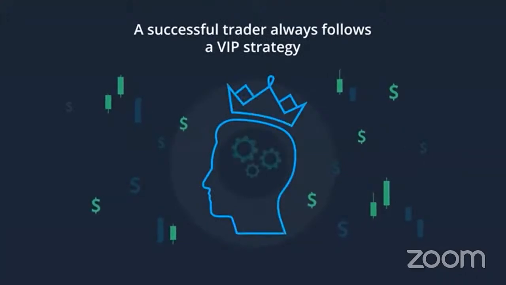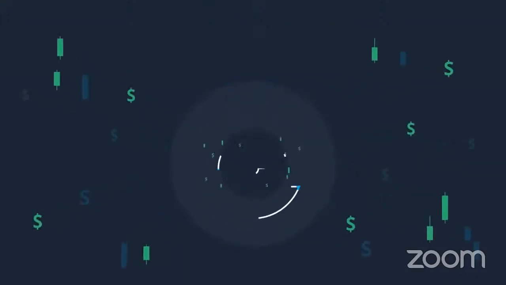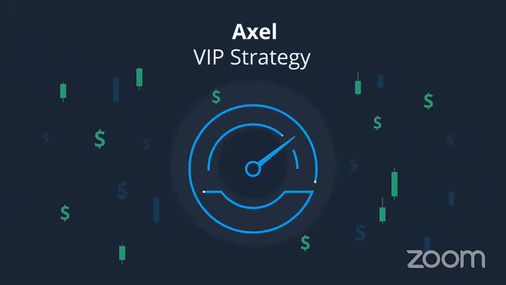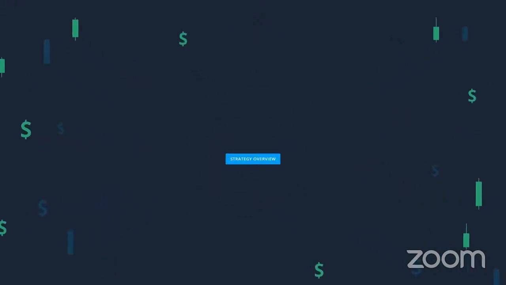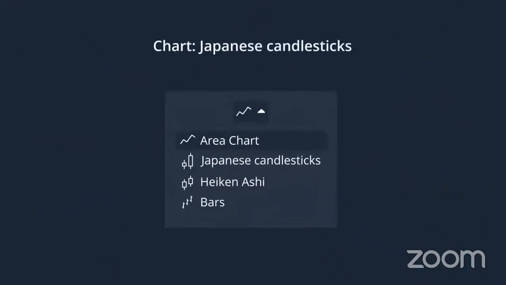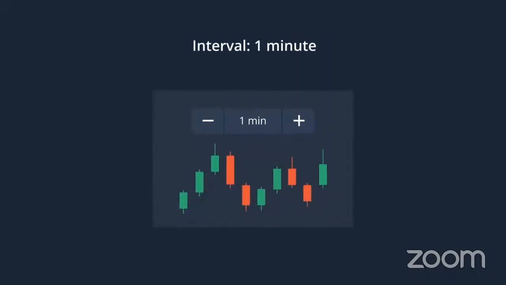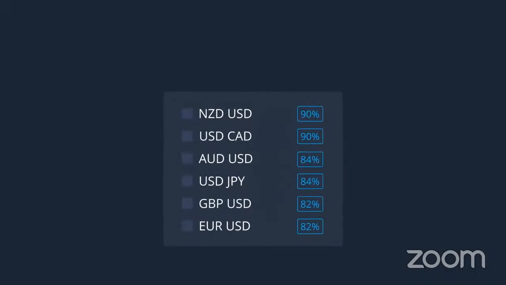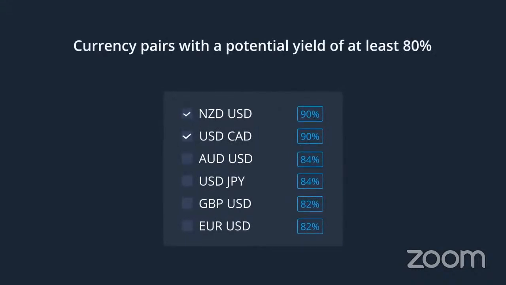What the video says is, from OLYMP TRADE. Please let's check this video and then we will start using this for trading assets with a high yield. With this strategy, it is possible to open more than 15 trades per hour. We use a Japanese candlesticks chart for trading. Our chart interval is 1 minute. For this strategy, we choose currency pairs with a potential yield of 80% or more.